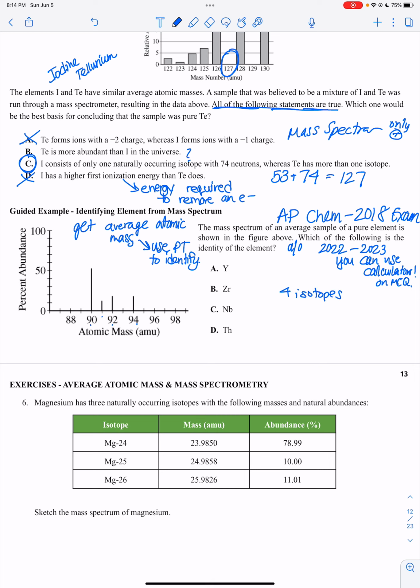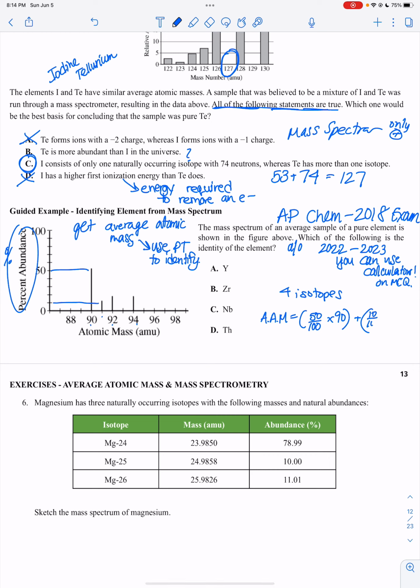So I have an isotope with a mass of 90, and its percentage is 50. Great. This is percent abundance now, so I don't have to worry about making a separate fraction, otherwise 50 over 100. So I could start by getting, I'm going to say AAM is the average atomic mass. I'll do 50 over 100 times 90. Then I'll do the next one. This looks like it's about 10.